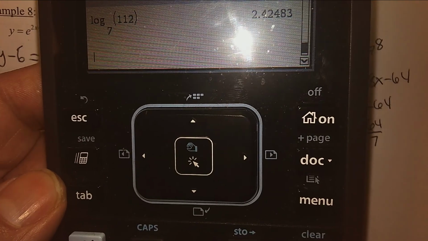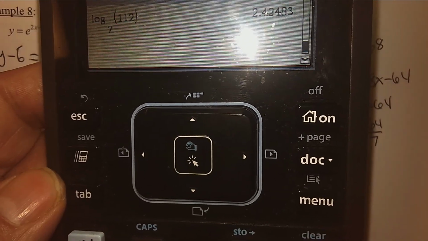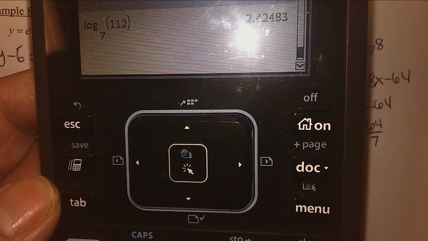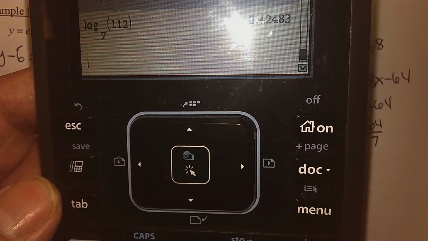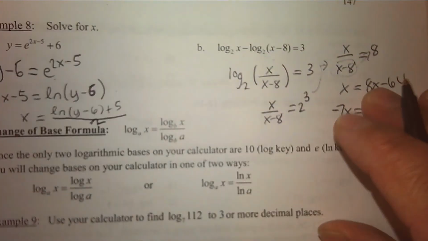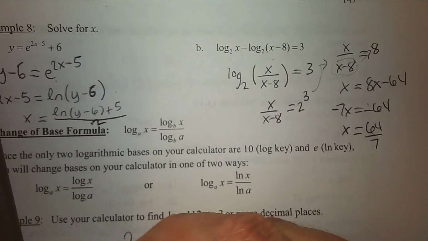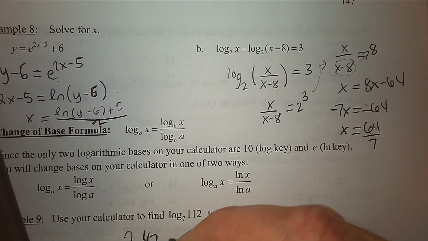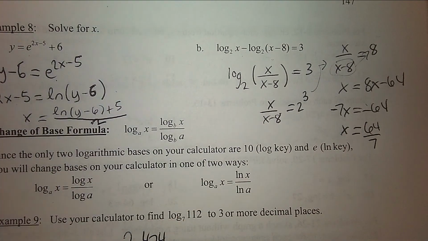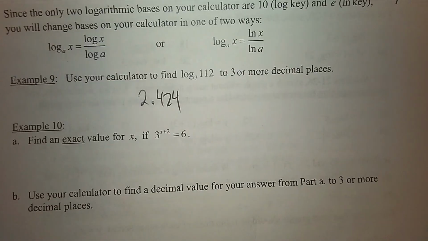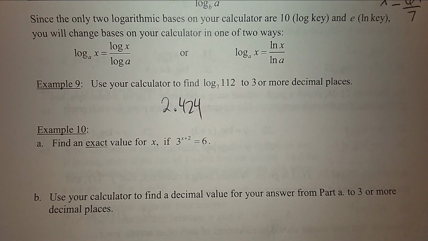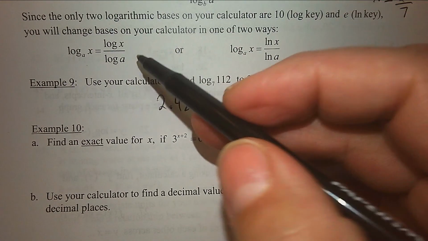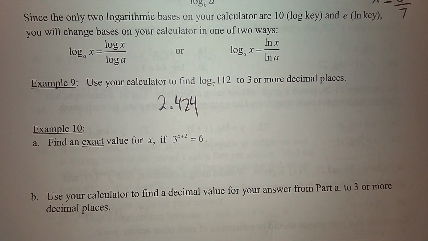Can you see how you can evaluate any logarithm quickly with this calculator? Other calculators, you'd have to change the base and use a special formula, but not this calculator. So the formula is up here, but with our calculator you don't need it.